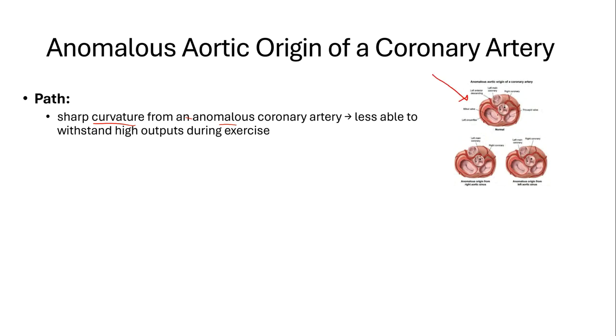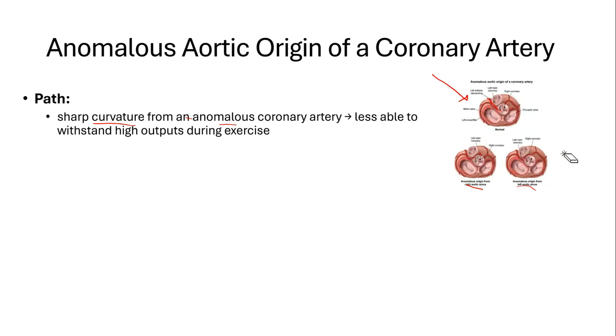What we can see is, if you look here, if you can see my drawing, you can see that the coronary arteries that come off of this aortic valve typically come off pretty straight, which is good. This means that these arteries can handle high blood flow. Now the issue is, when you have this anomalous origin in either the right or left aortic sinus, you can see how sharp of a curvature these are coming off of the aortic valve.